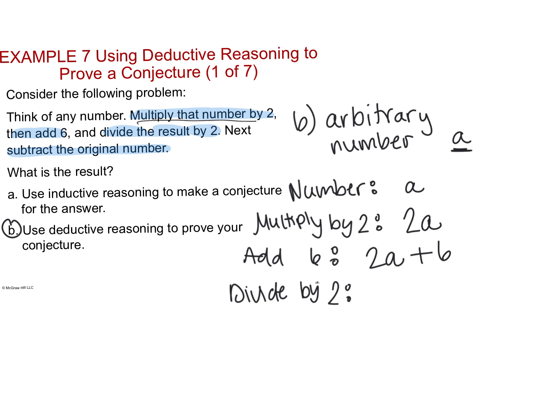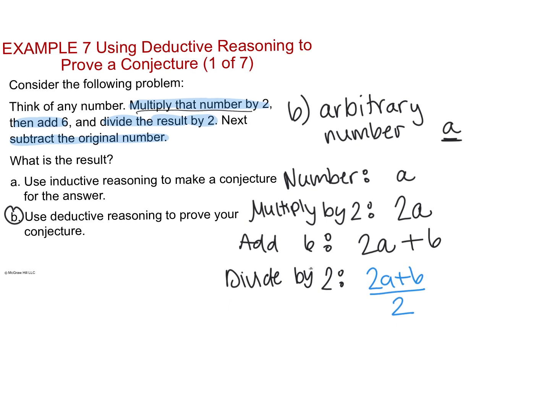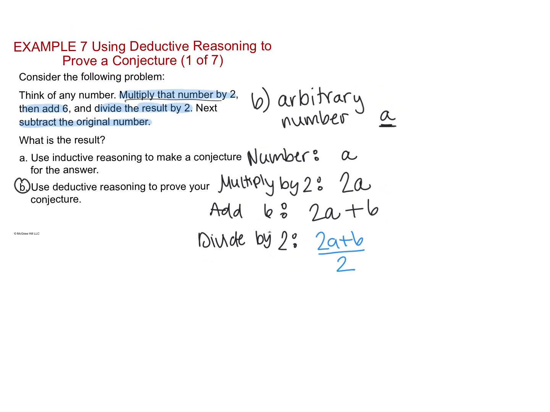So we'll have 2A plus 6 divided by 2. Okay, and when we divide it by 2, that 2 is going to each piece here. So it's really going to be 2A over 2 plus 6 over 2, which reduces to A plus 3, right? Because those 2's would cancel out, and 6 over 2 is 3.